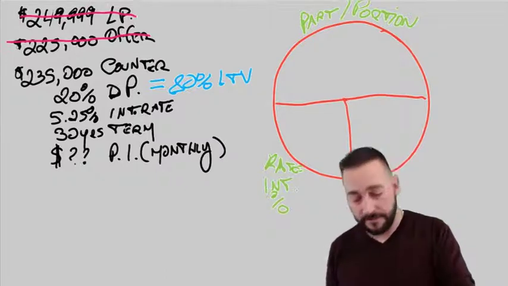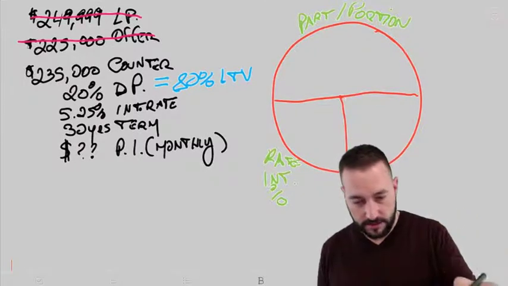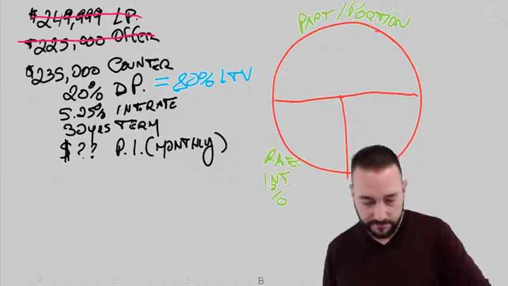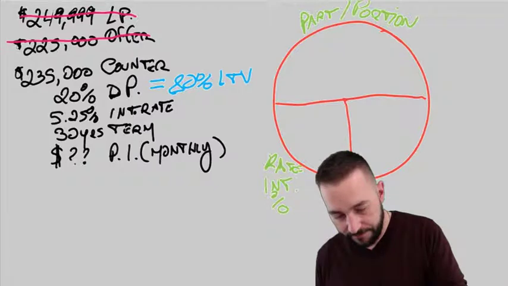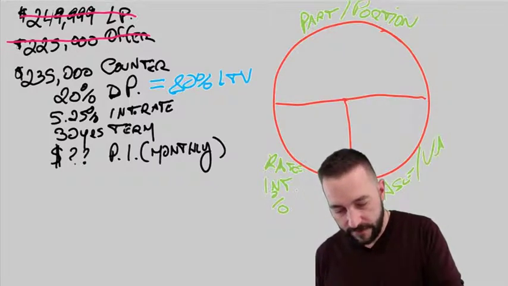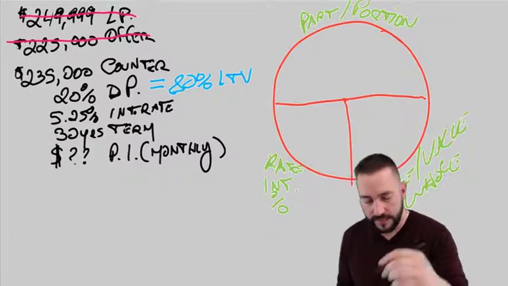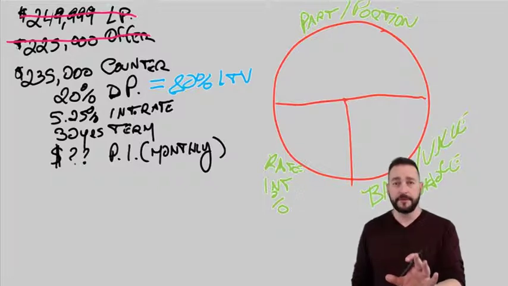In the bottom right, we usually have base, value, or whole. So base, value, or whole. That's what we have at the bottom. All right, cool so far?